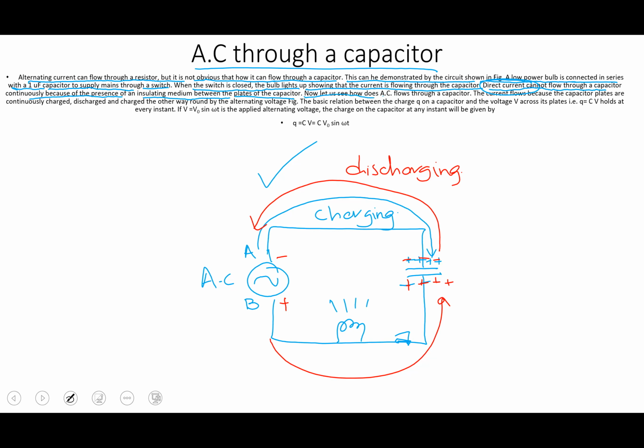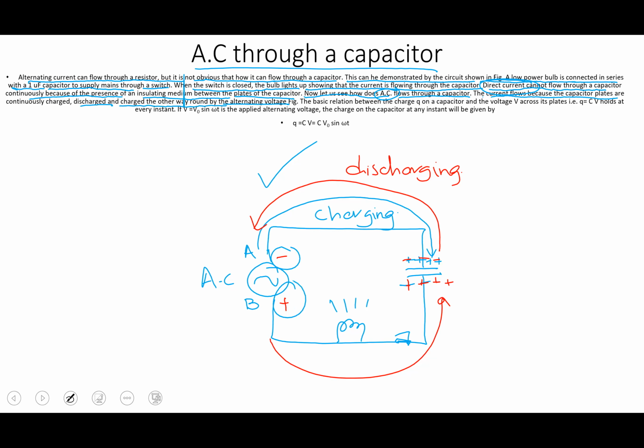Now let's see how the AC flows through the capacitor. That means now we are only discussing the process of alternating current. The current flows because the capacitor plates are continuously charged and discharged and charged the other way around by the alternating voltage. That means the terminals are changing because of the alternating current.